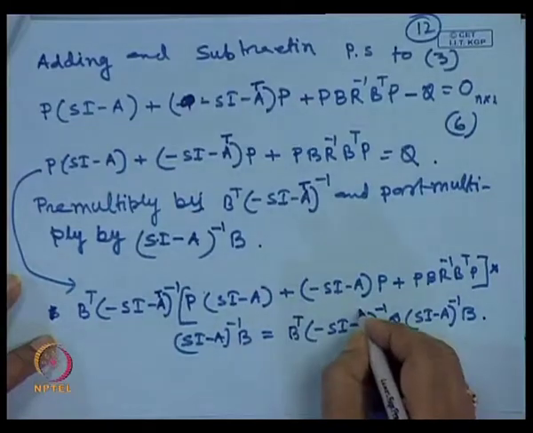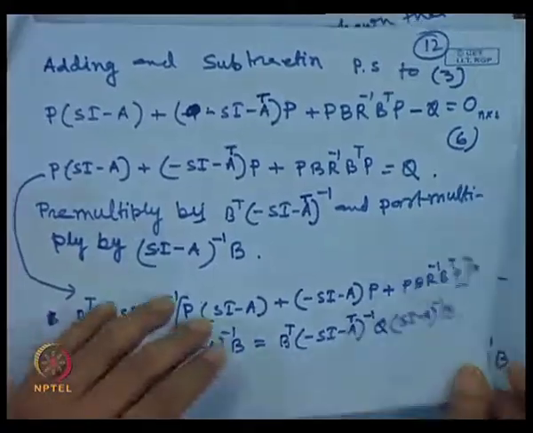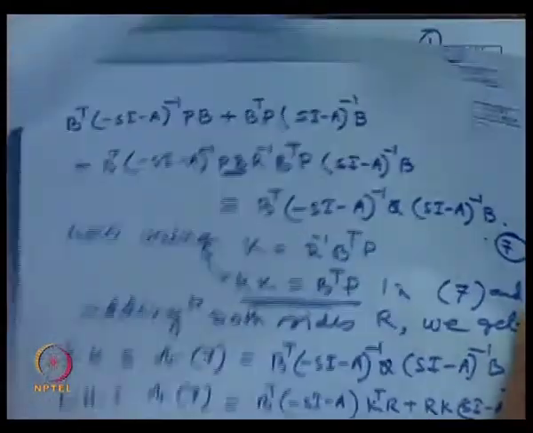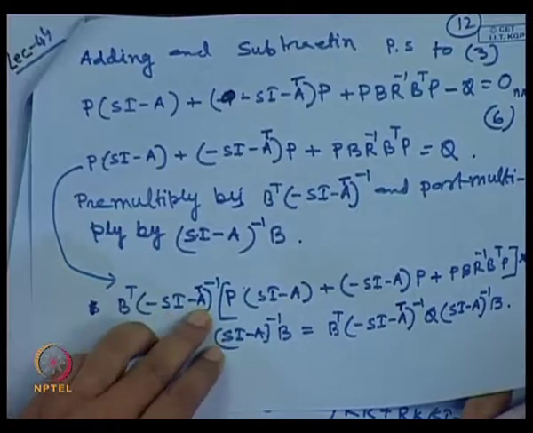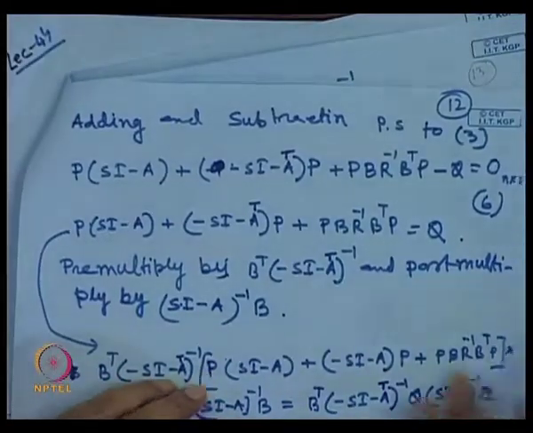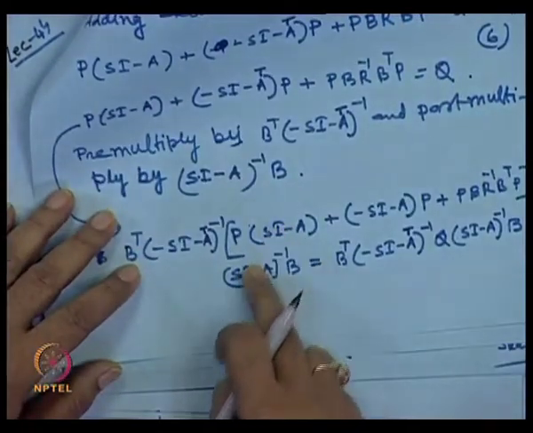Here also it will be A transpose. After multiplying both sides, we get this expression. In this expression, this quantity and this quantity will be the identity matrix.